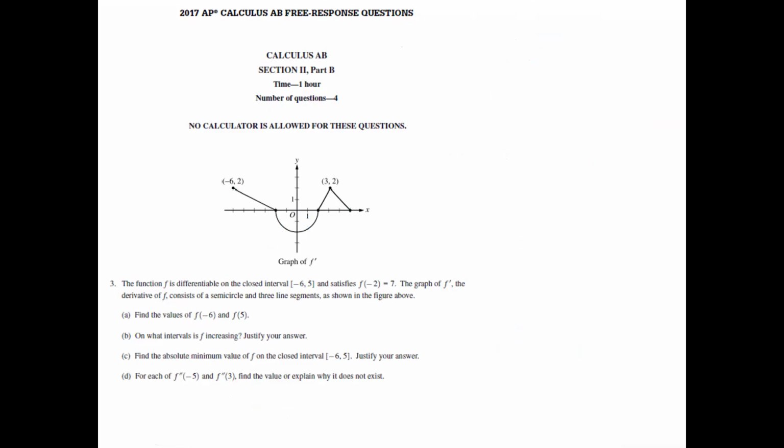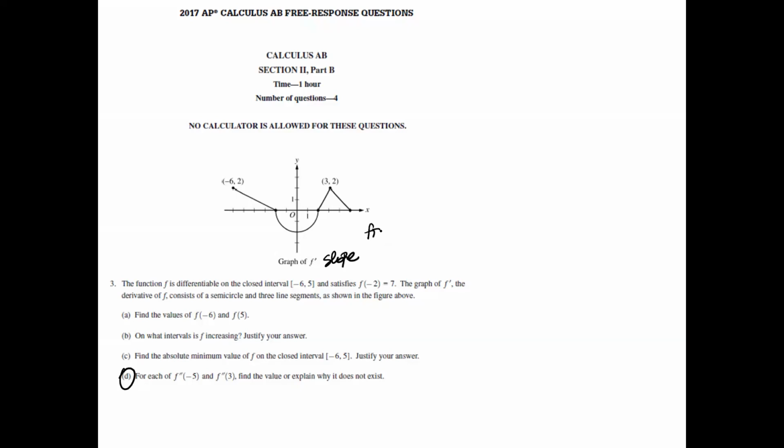All right, let's go ahead and take a look at part D. It says for f double prime of x, a -5, remember double prime is going to be concavity, and f double prime of 3, find the value or explain why it does not exist. Okay, so the graph itself here is showing you slope.